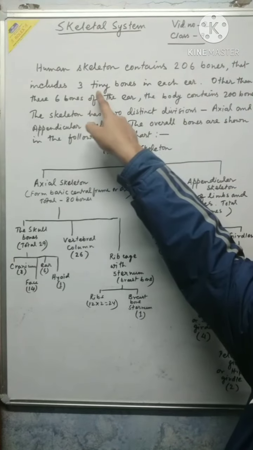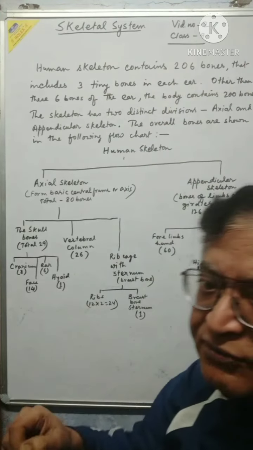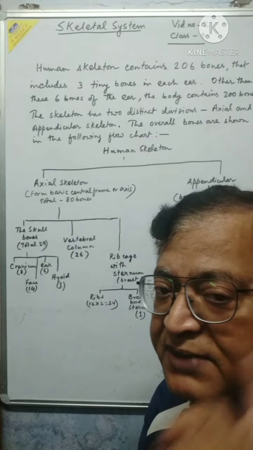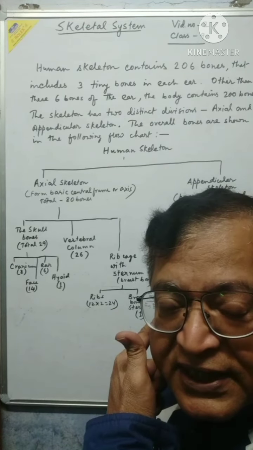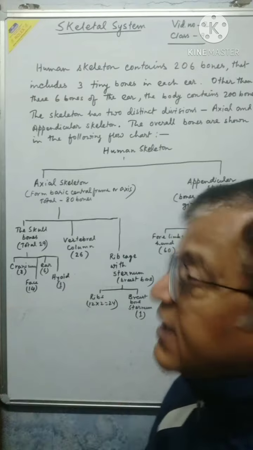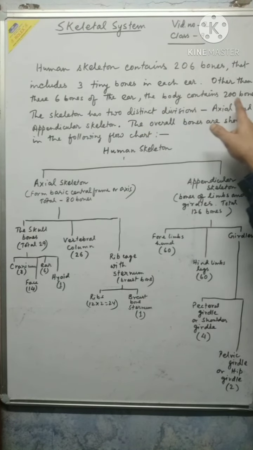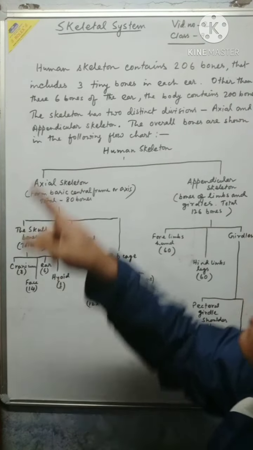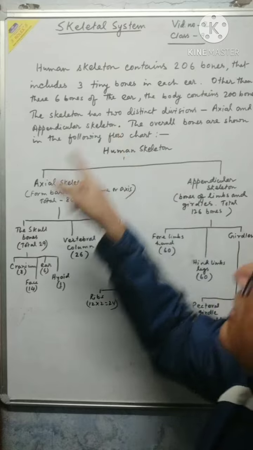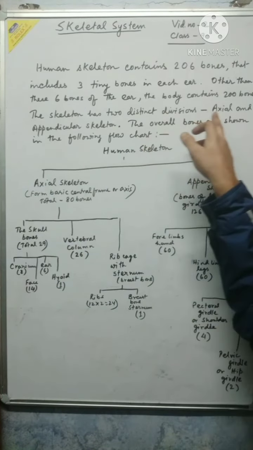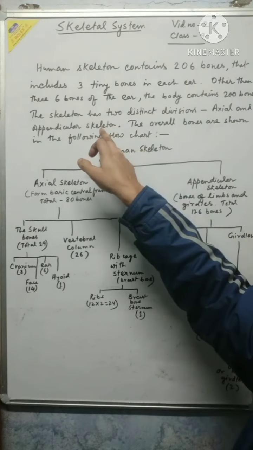That includes 3 tiny bones in each ear, which is not in the frame but inside our ear. 3 bones inside each ear, and totally 6. The body otherwise contains 200 bones. So the total is 206. The skeleton has 2 distinct divisions: axial and appendicular skeleton.